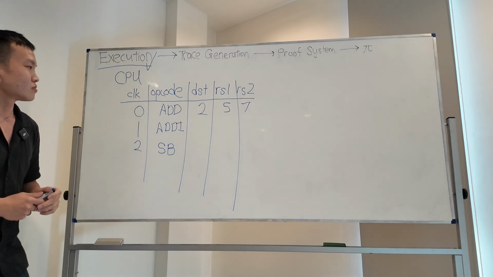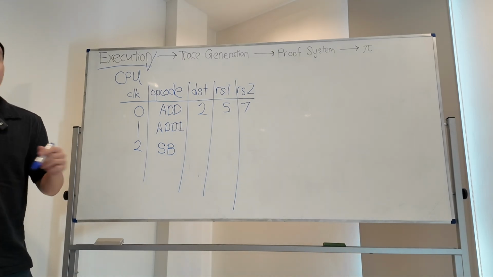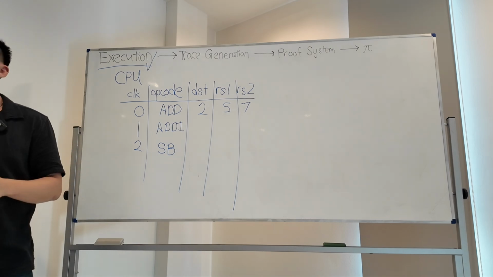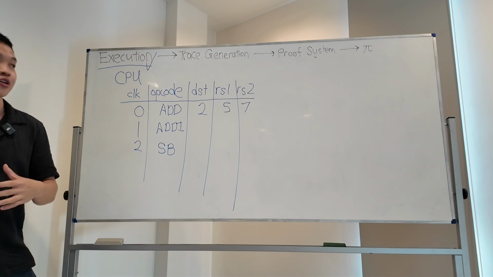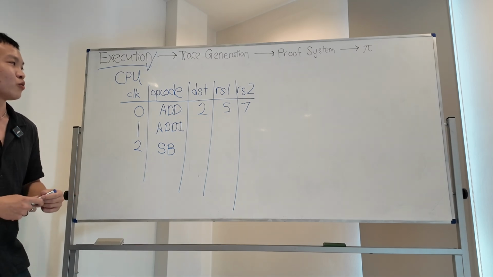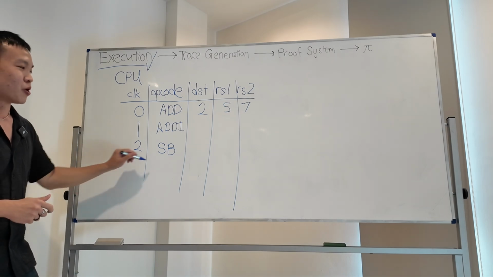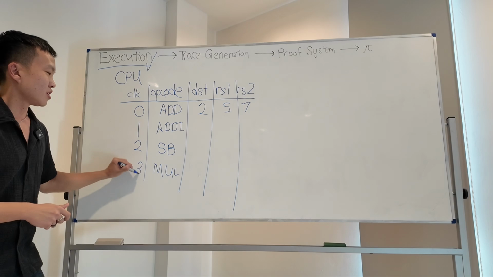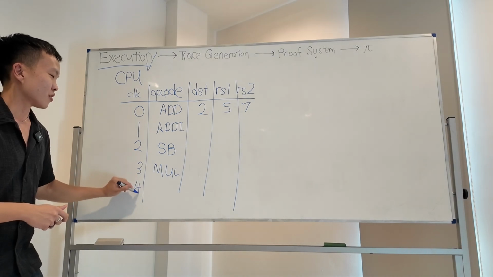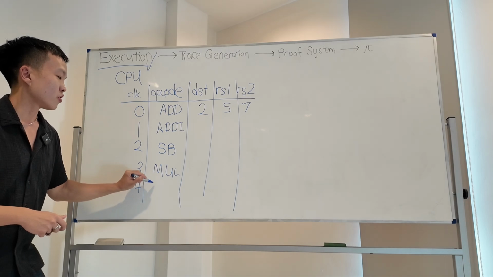So we could have a structure like this. But this would get really big if we want to support every opcode, and let's say we have a MUL, or even a jump instruction, which is a branch instruction.